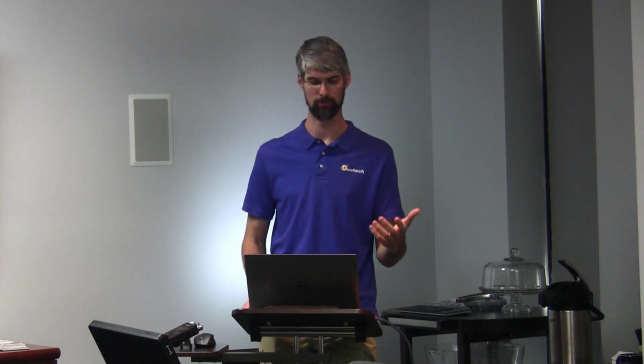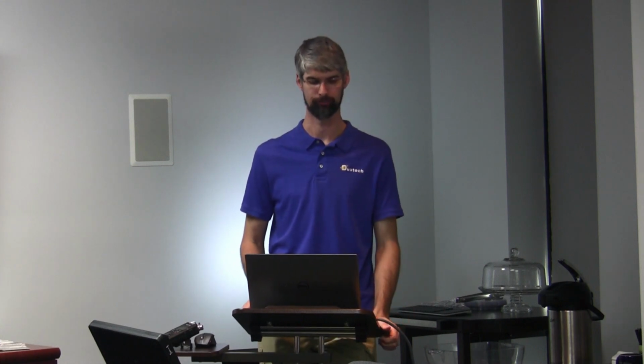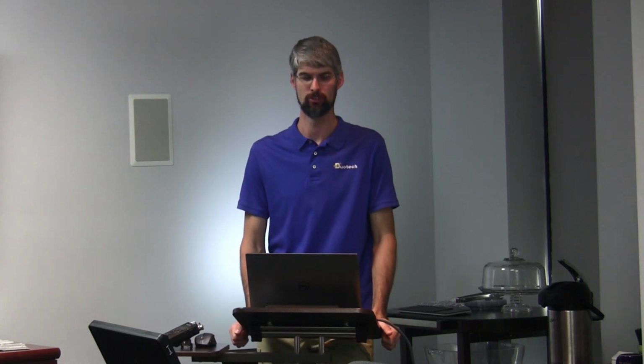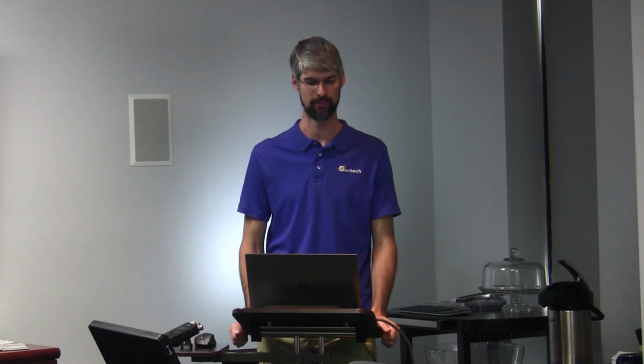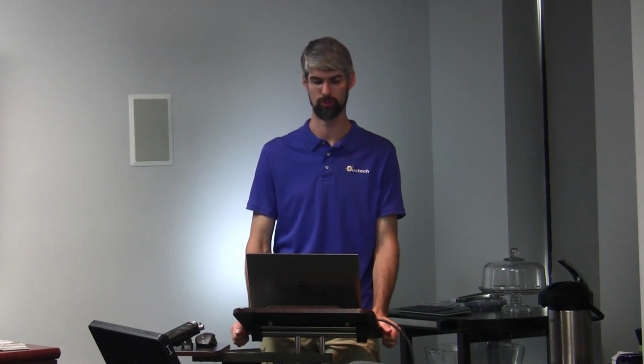You need to be able to have an appropriate level of control for data. There's a couple of things that really make that necessary. First of all, document control means that before something is released, the appropriate people have looked at it and said that it's correct. You want to make sure that people are looking at stuff that is right, and that needs to be reviewed.